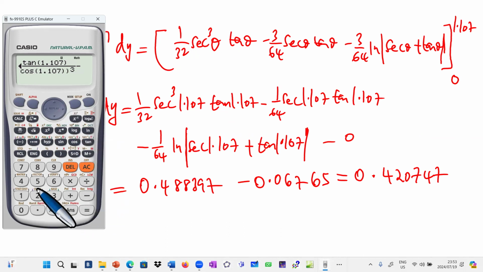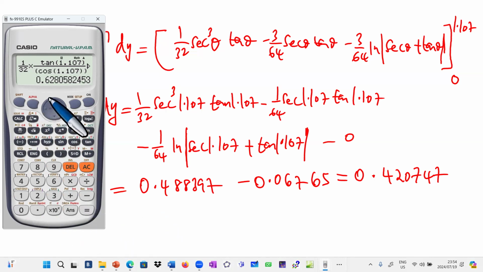Minus 1/64 times. Okay, so this one is going to be exactly the tangent of 1.107, you close, and then the cosine of this 1.107, you close, and then what is the answer to this?